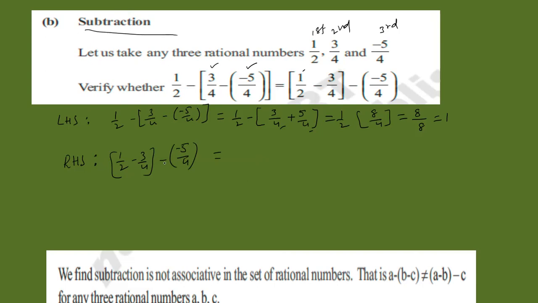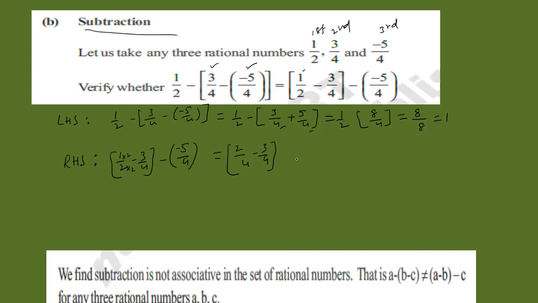Now you look at what is in the brackets, 1 by 2 minus 3 by 4. You convert 1 by 2 into like fractions. That means you multiply it by 2. Then we get the like fraction, 2 by 4 minus 3 by 4.